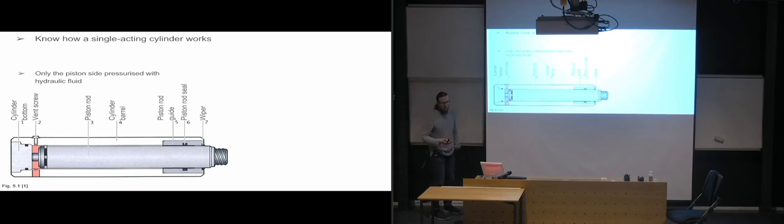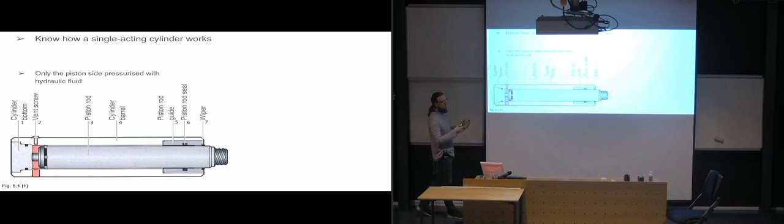The way we operate them is by allowing pressure inside here, which will extend the piston rod. And then depending on how we've set up our system, if we have a spring attached to it, or if we're extending it vertically upwards, we can use gravity to pull it back.